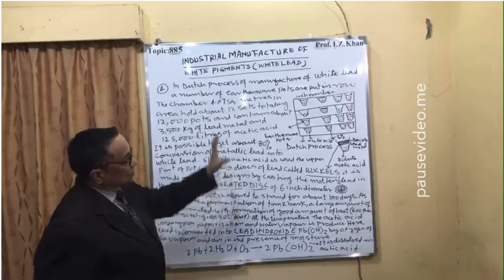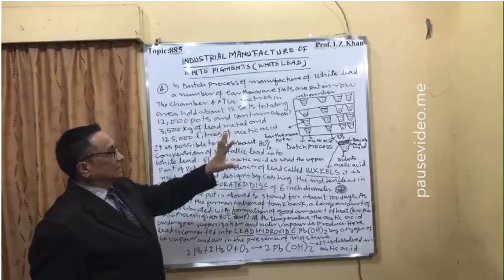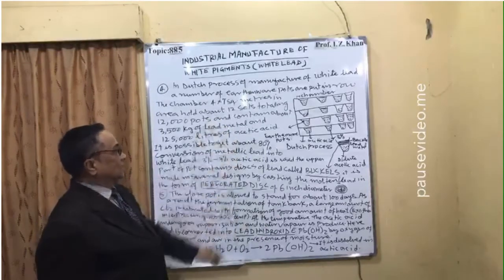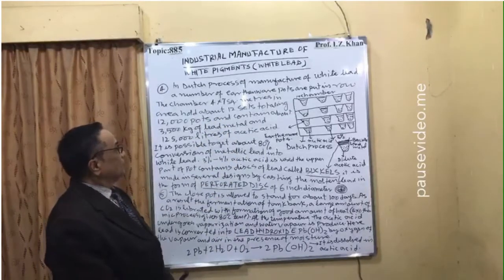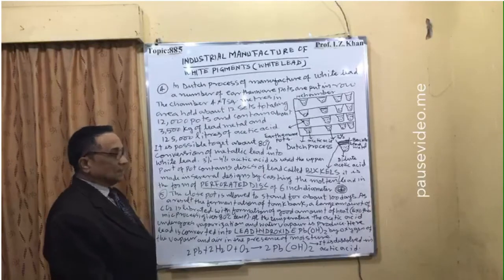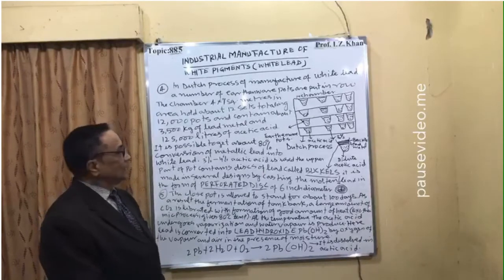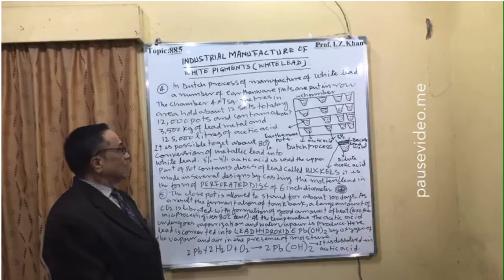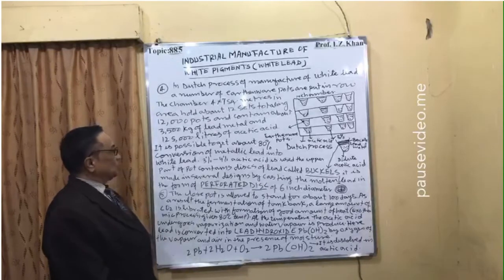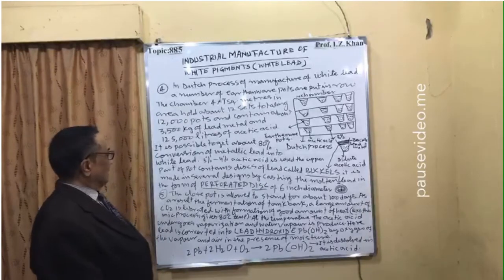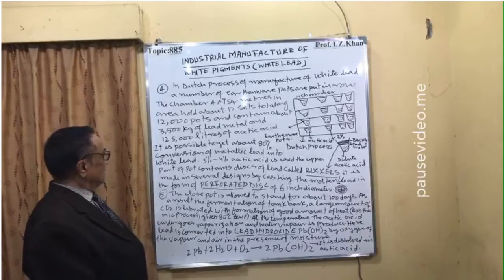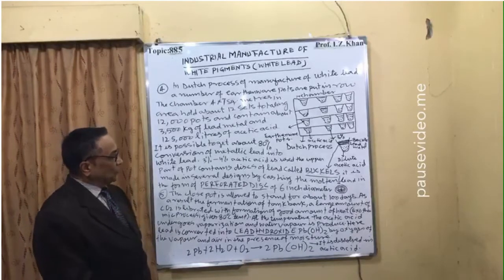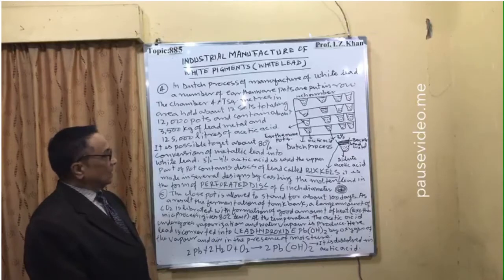And an industry of this capacity will give thousands of kilograms of white pigment, and here the conversion rate is up to 80%. It is possible to get about 80% conversion of metallic lead into white lead.